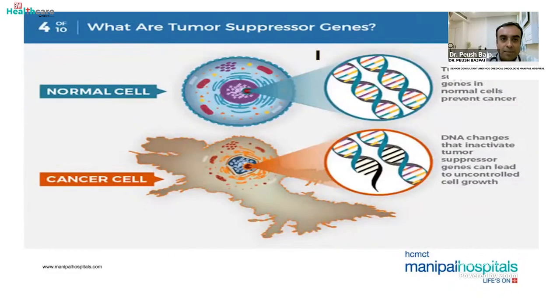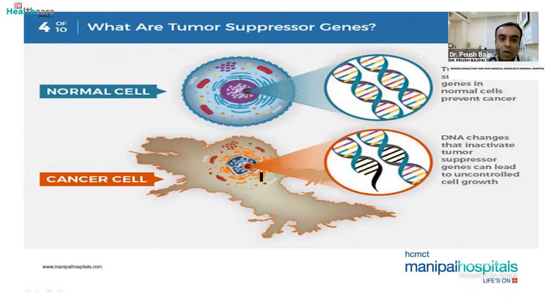Then what are tumor suppressor genes? These are genes which are supposed to be the watchmen or the guards for such anarchic cells. Our body is good at correcting things, but if these guards take a hit, the normal cells go haywire again, the anarchic cells are not controlled, and the replication keeps on happening.